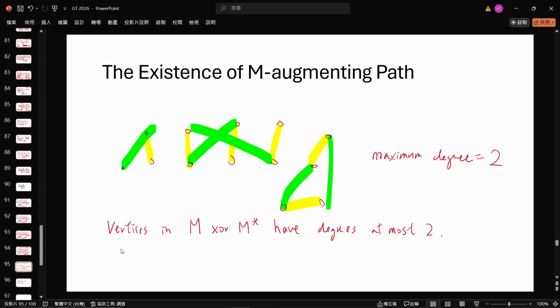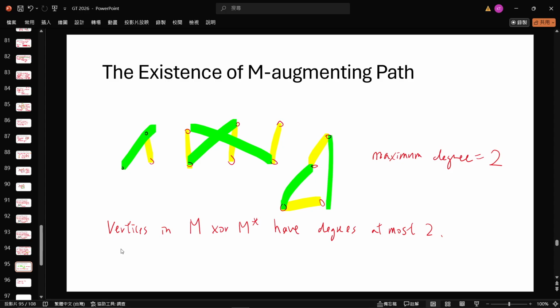All right, so back to M-alternating paths. Now we consider a graph such that the maximum degree is at most 2.